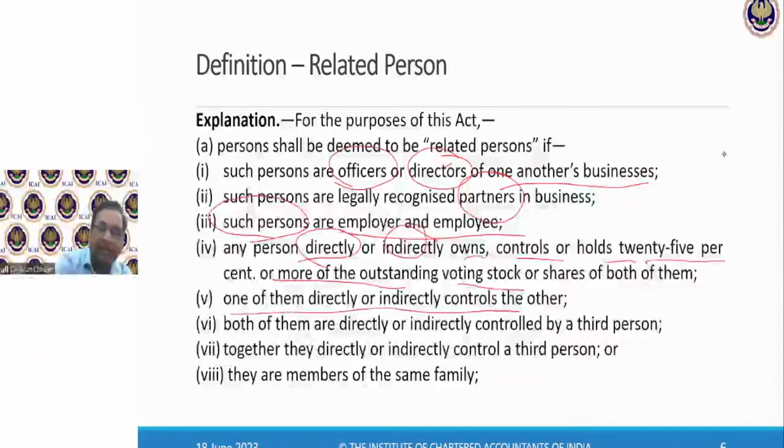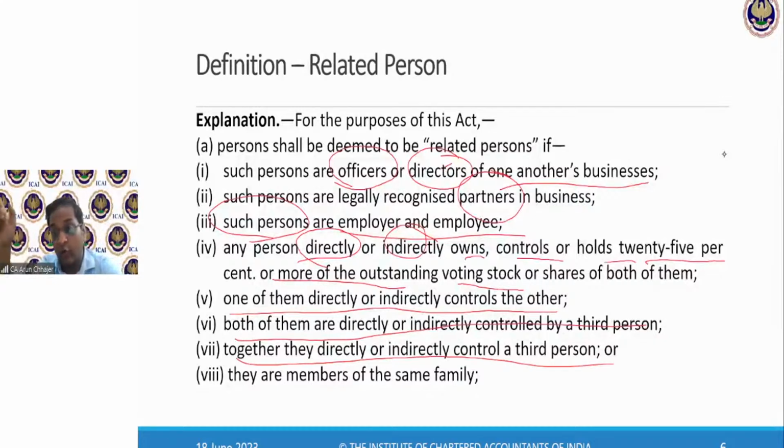One of them directly or indirectly controls the other. Both of them are directly or indirectly controlled by a third person. Together they directly or indirectly control a third person. So these are clauses 5, 6 and 7. In terms of controlling power, if one has control, then they will be considered related persons.